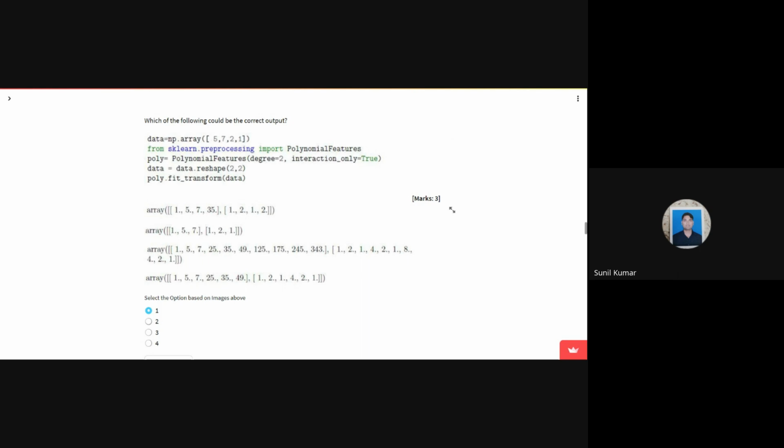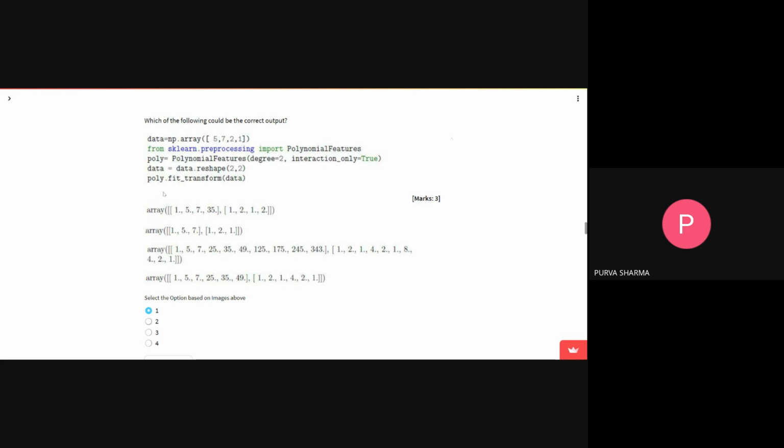How is the first one coming out correct? Please explain this, ma'am. See, we have np.array, which is 5, 7, 2, and 1. We are using this polynomial features, and in it we have set interaction only to true.